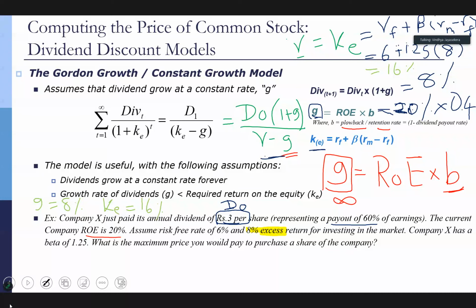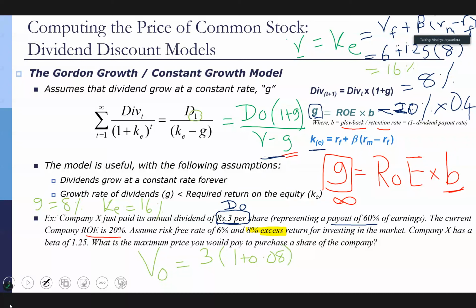Any confusions on RM minus RF? Anybody who wants me to explain that again? Okay. So now it's a simple matter of applying to the equation. I know D naught, I know G, I know K. So the value is D naught, 3 rupees, into 1 plus G, because it is D1 that should be inserted.